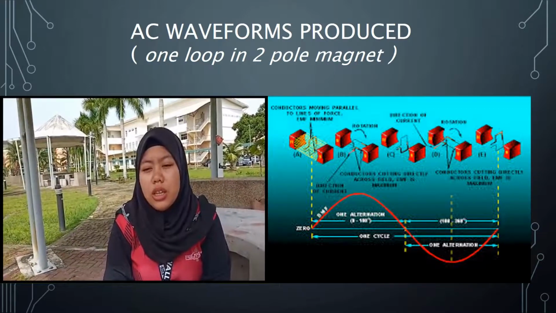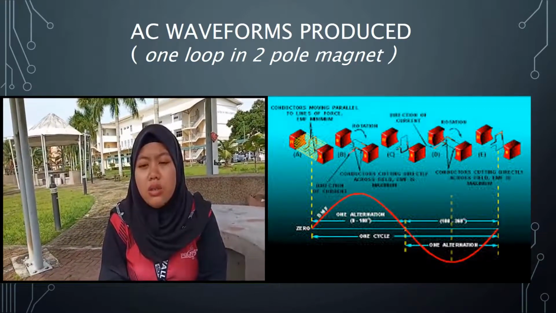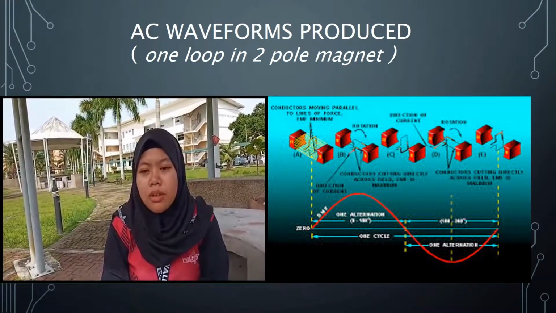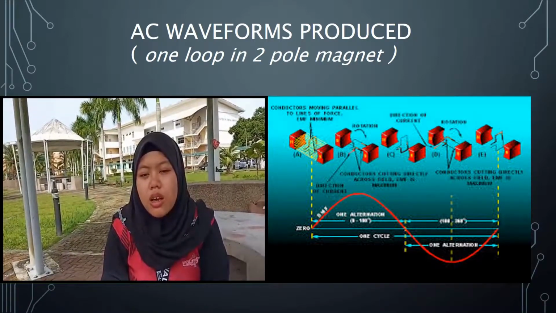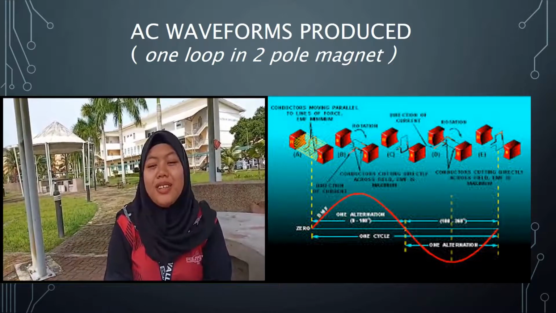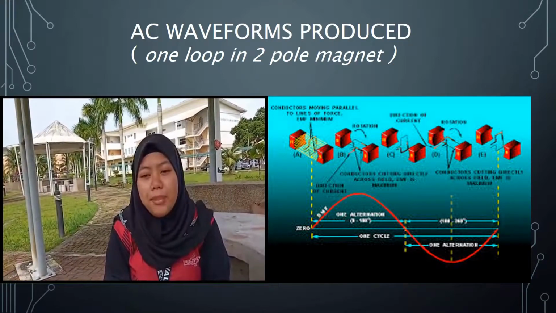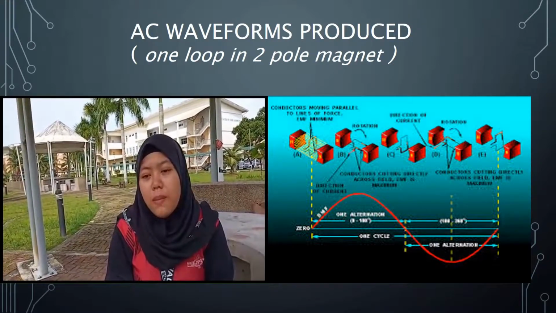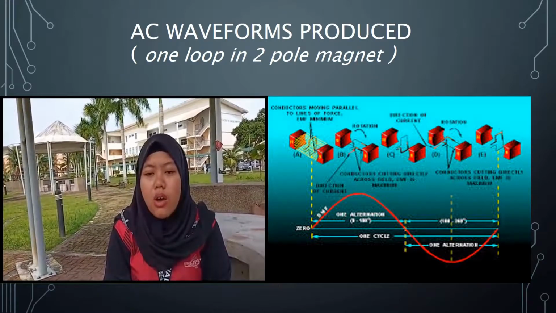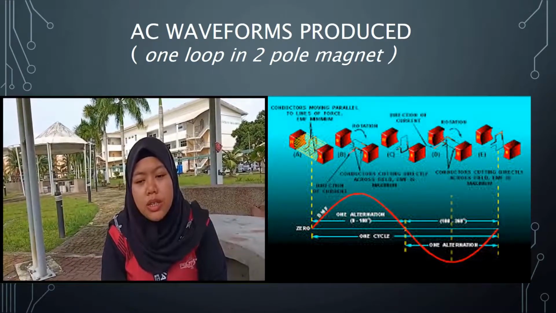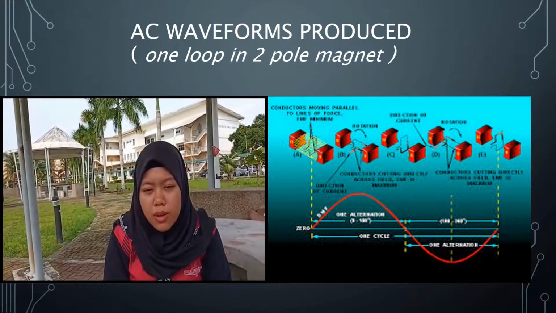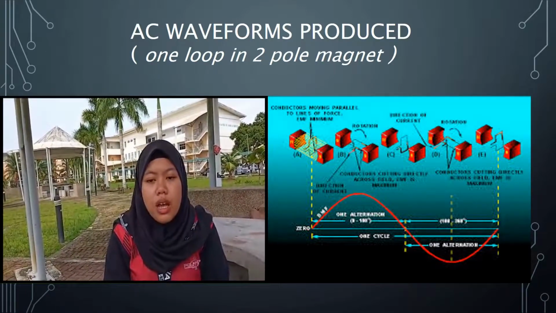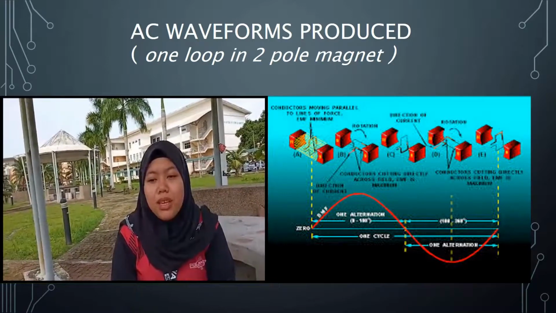As the loop rotates towards the position shown in B, it cuts more and more lines of force per second, inducing an ever-increasing voltage because it is cutting more directly across the lines of force. At B, the conductor has completed 1/4 of a revolution, or 90 degrees of a complete circle.